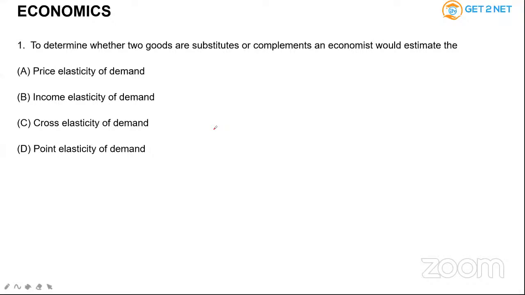So a question related to this: to determine whether two goods are substitutes or complements, an economist would estimate what? Price elasticity, income elasticity, cross elasticity, or is it point elasticity of demand?